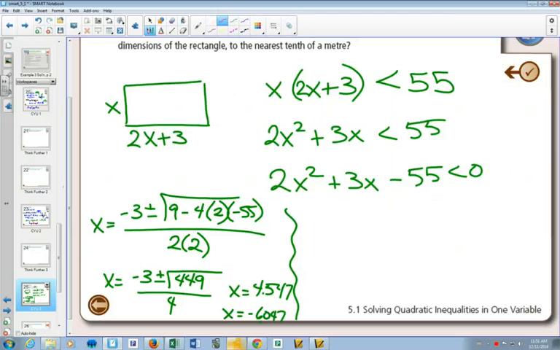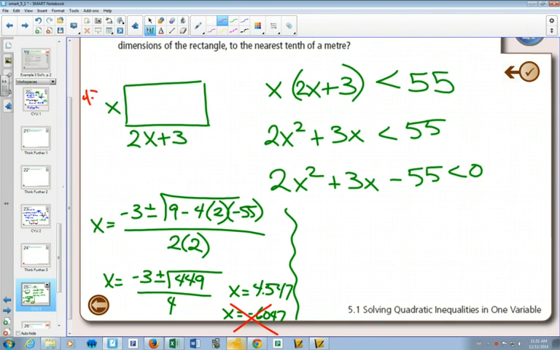Now, when I think about the context of this question, I'm talking about a rectangle's length and width. Does it make sense, a negative number for the width? No. So the only answer would be 4.54.